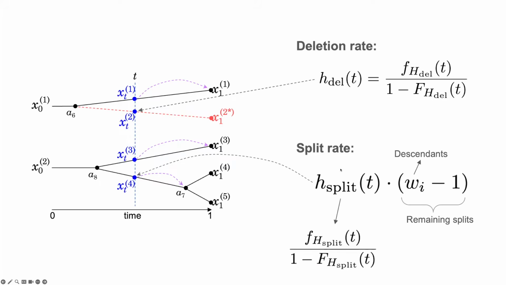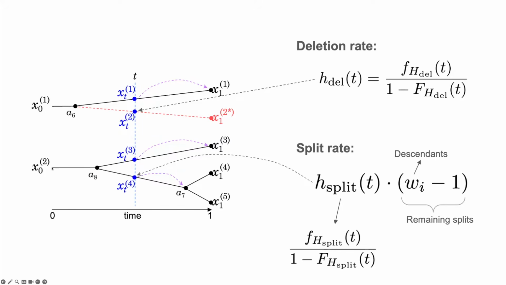The splitting rate is this h split t, which comes from your hazard distribution, multiplied by the number of remaining splits ahead of you. So when you're here, say you start at time zero, there are three descendants ahead of you, and you're at one state, so you have to split twice. So you have this hazard rate multiplied by the number of descendants ahead of you, so your splitting rate has some value, and you can use that to sample in closed form from the waiting time until the next splitting event. Right. So it's very efficient to sample down this tree.